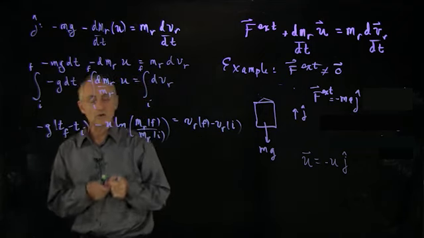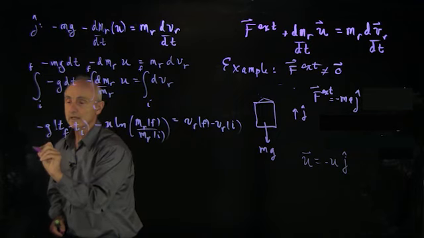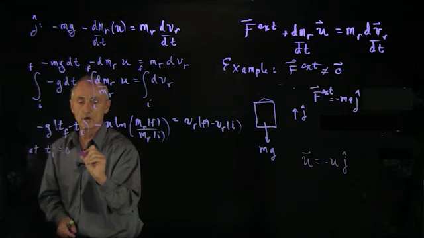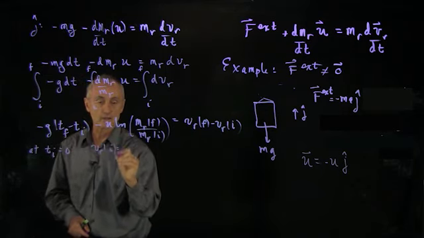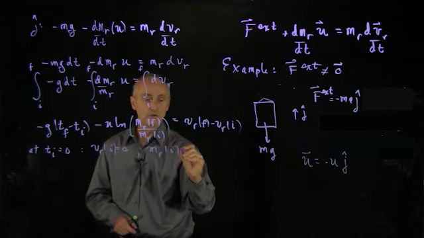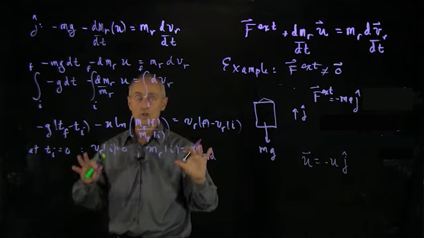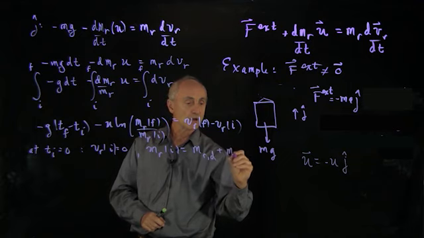Now let's look at a rocket taking off. Suppose that at t initial equals 0, we have the special condition that v_r initial equals 0, and m_r initial equals the dry mass of the rocket, not counting the fuel, plus the total mass of the fuel.